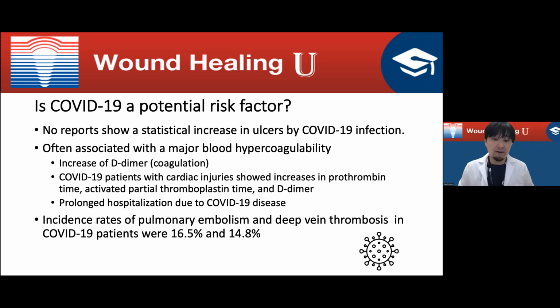A systematic review and meta-analysis reported the incidence rates of pulmonary embolism and deep vein thrombosis in COVID-19 patients. And they were 16.5 and 14.8% respectively, which is a very high number. So we may need to consider histories of COVID-19 disease as a risk factor for ulceration.